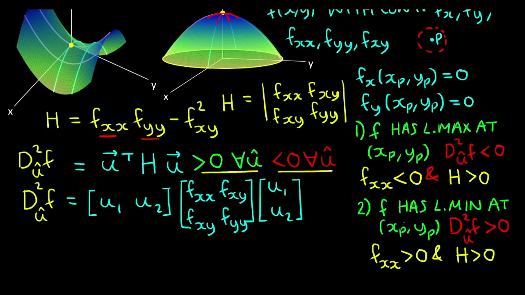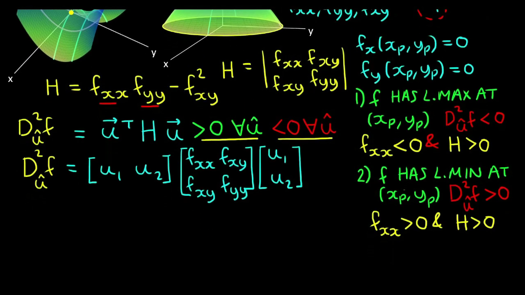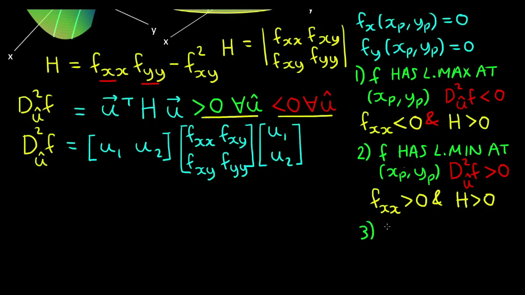And this brings us to the third condition, where f has a saddle point at the critical point if the second directional derivative is positive in some directions and negative in some directions, or this quadratic form is indefinite.